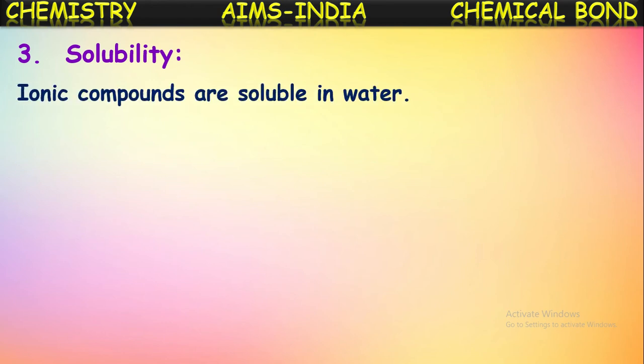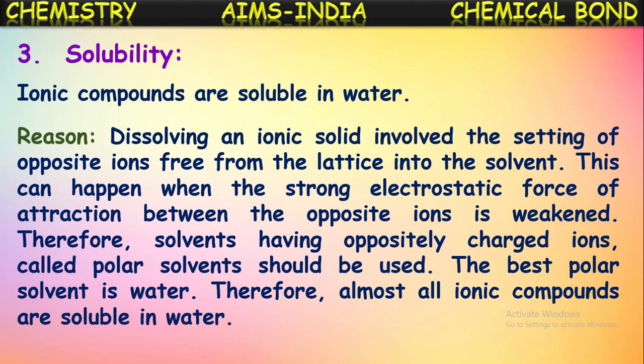The next property is solubility. Ionic compounds are soluble in water. They are fairly soluble in water. One example is sodium chloride, or common salt, which is fairly soluble in water. What is the reason for this? Dissolving an ionic solid involves setting the opposite ions free from the lattice into the solvent.